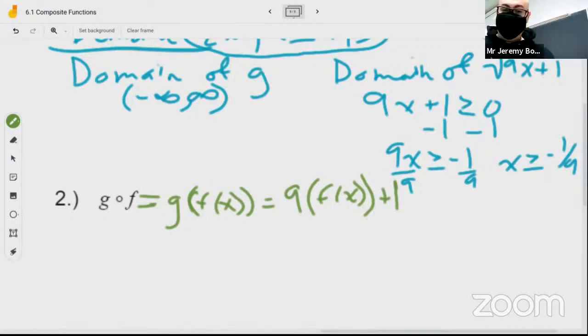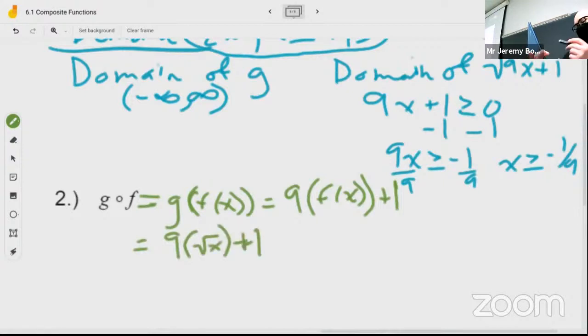And we know f of x is the square root of x. This is going to be 9 times the square root of x plus 1, which we can't really do much with. So let's just keep it as 9 times the square root of x plus 1.